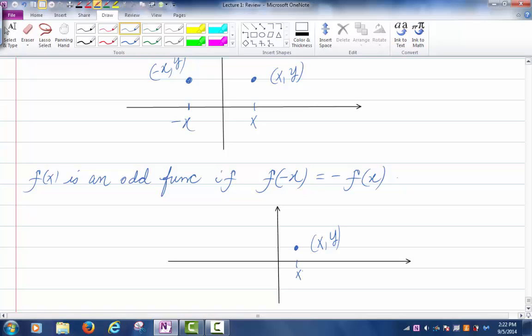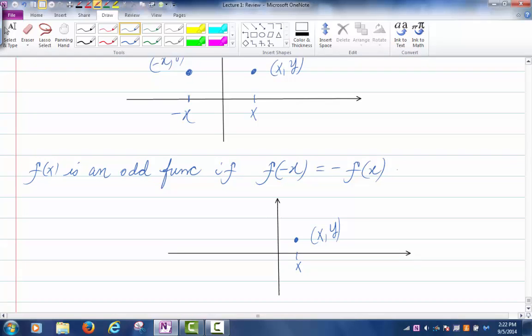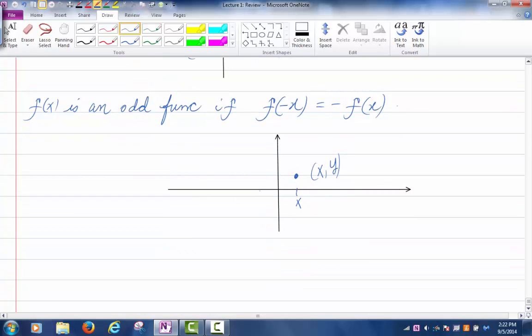If x, y is on the graph of an odd function, then negative x and negative y will also be on the graph. So let's say this is the point negative x, negative y.